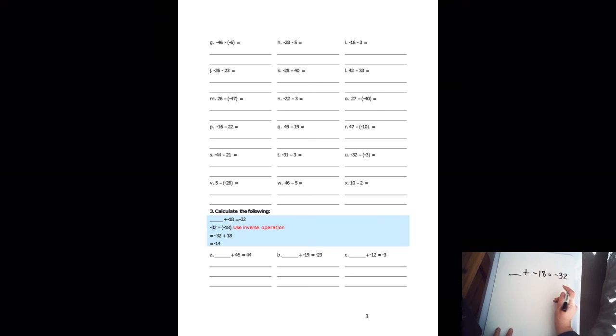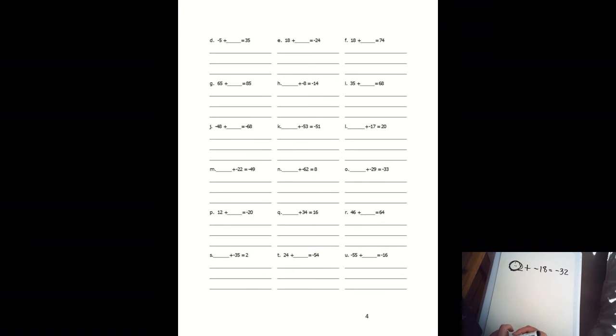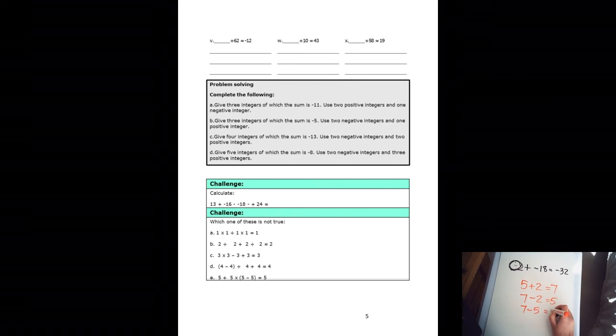Okay. The thing to remember here, guys, if I've got a placeholder in the middle of a sum, like this, somewhere in the sum, it's like when you were in grade 1 and used inverse operations. Remember, they used to make you say it over and over and over. So they used to say, for example, 5 plus 2 is equal to 7, but 7 minus 2 is 5, and 7 minus 5 is equal to 2.